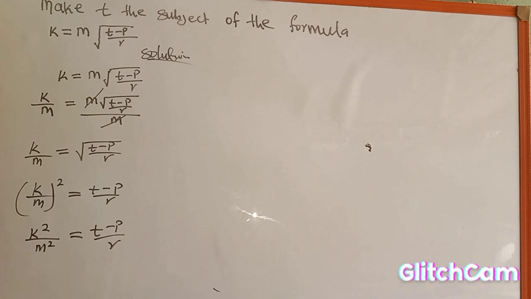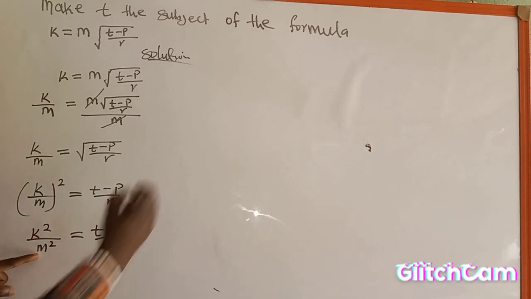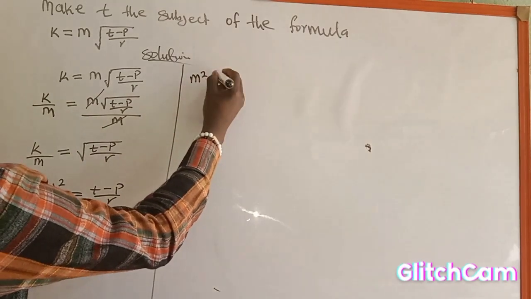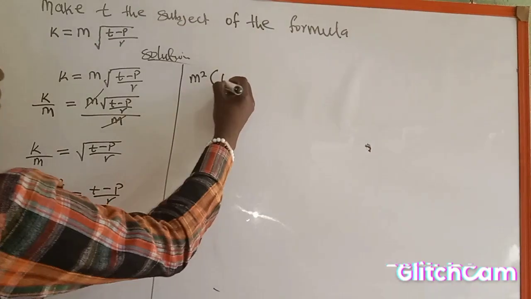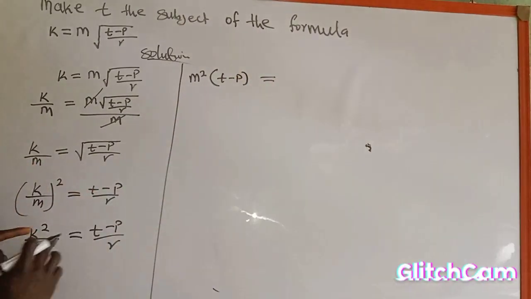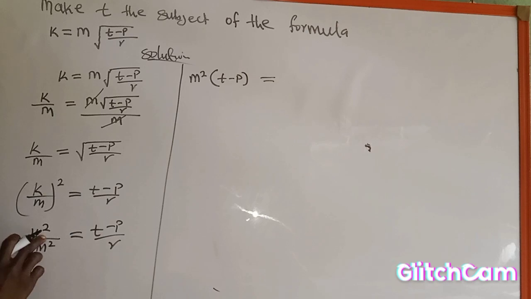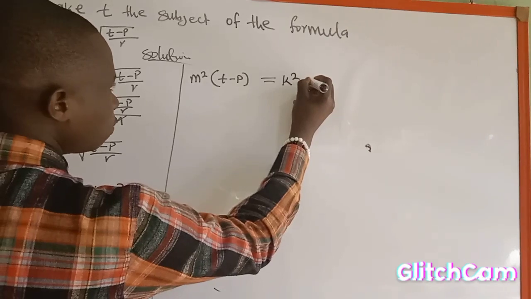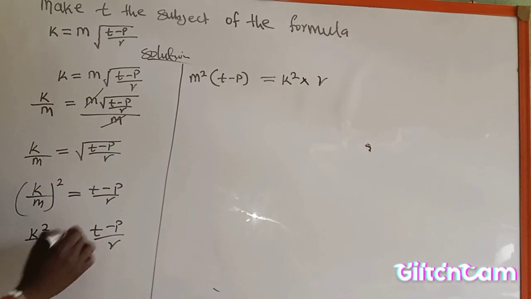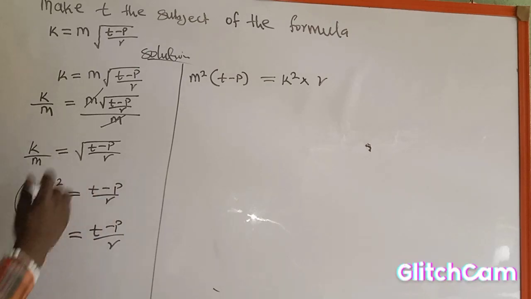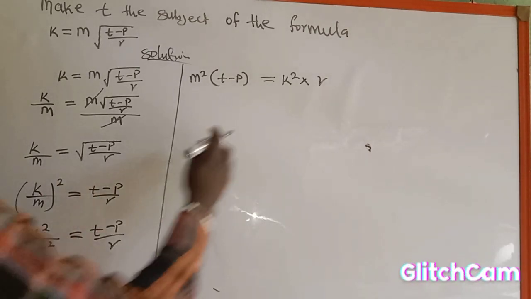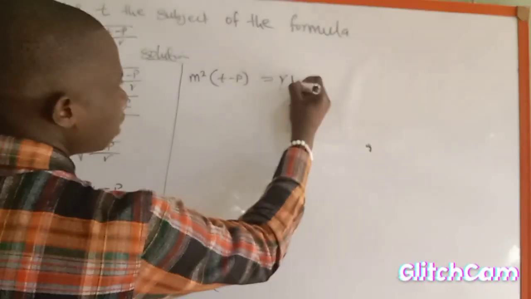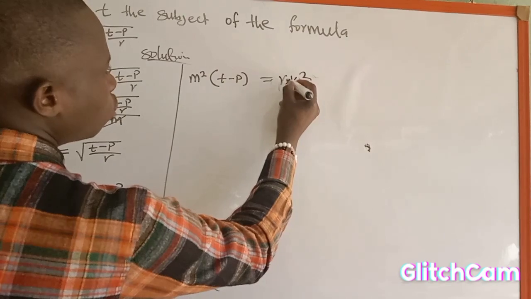So I'll cross multiply: m squared multiplied by (t minus p) equal to k squared multiplied by r. We have successfully done the cross multiplication, r multiplied by k squared.